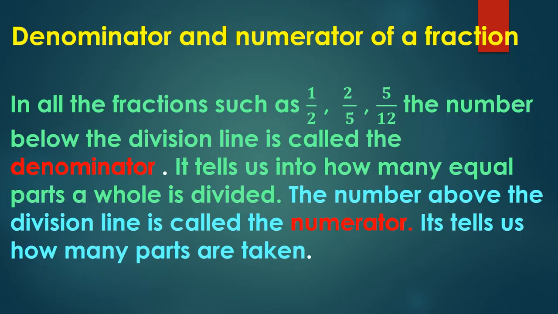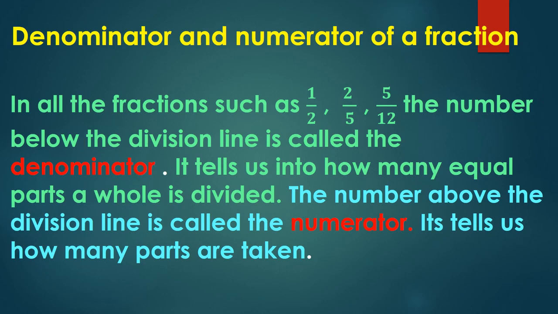Now see in the above examples 2, 5 and 12 are below the division line, so they all are denominators, which tell us in how many equal parts a whole is divided. And the number above the division line is called the numerator. In the same examples 1, 2 and 5 are the numerators, which tell us how many parts are taken.